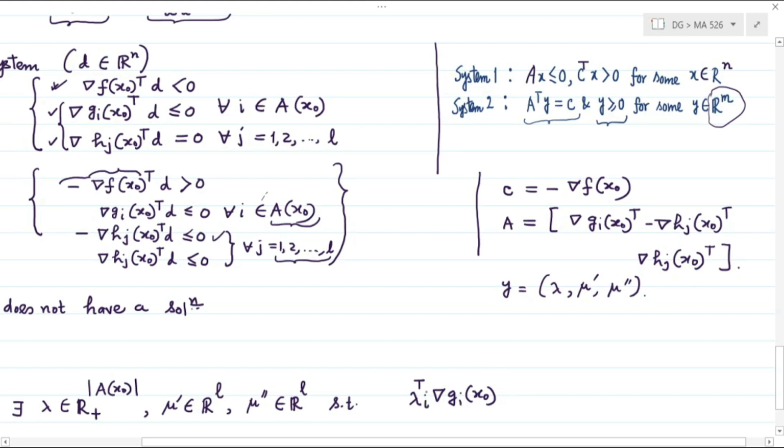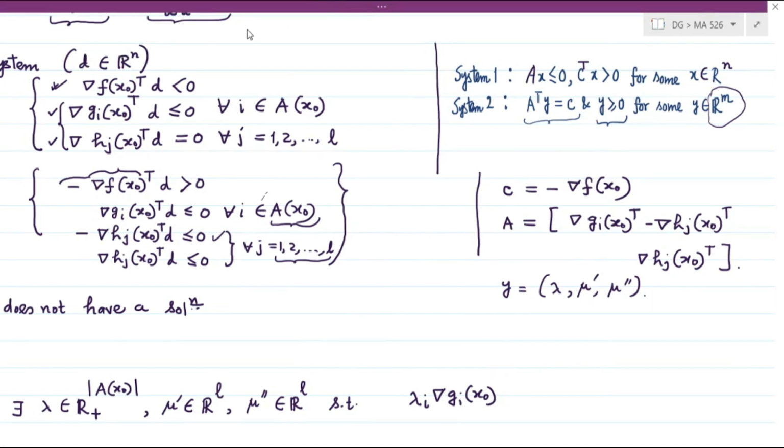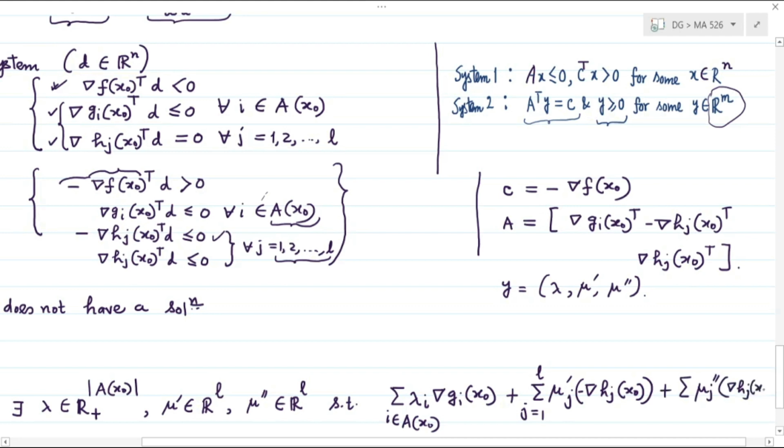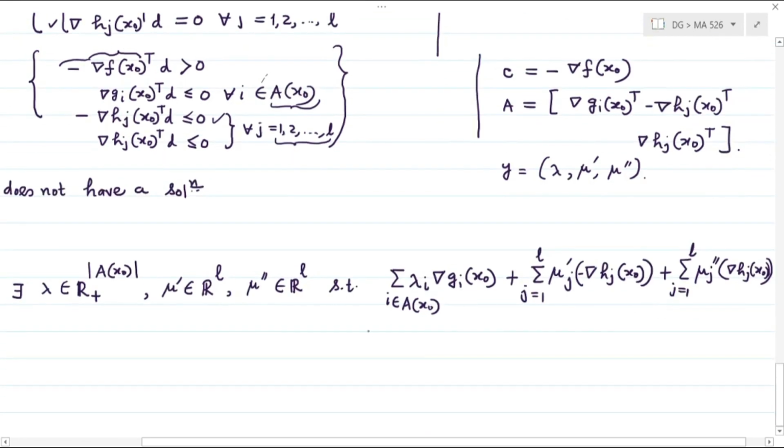So let me write lambda i into grad gi, with the sum over i belonging to Ax naught, plus the summation of mu dash j times minus grad of aj x naught for all j equal to 1 to L, plus the summation of mu j double dash grad of aj x naught, with j equal to 1 to L. This must be equal to c. c is your minus grad of f x naught. Fine.